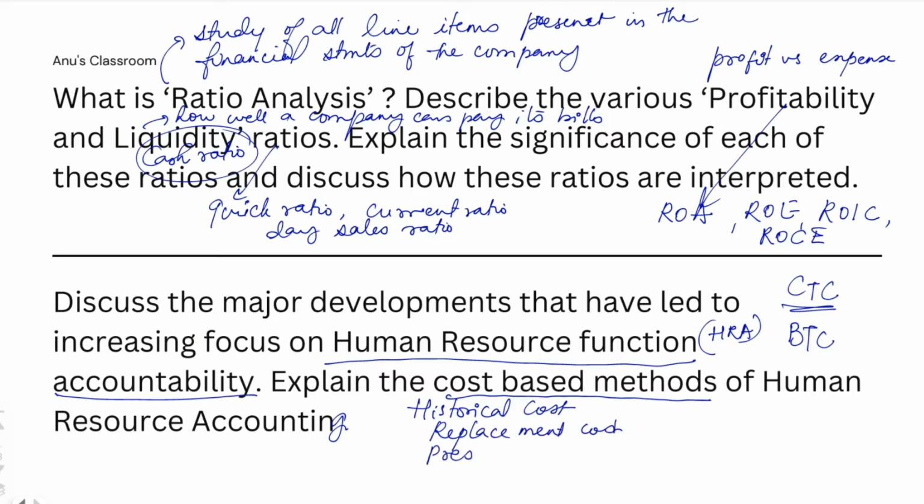We also have the present value method, economic value method, and asset multiplier method. Okay, we are being asked to explain just the cost-based methods. So two methods are there: historical cost as well as replacement cost.